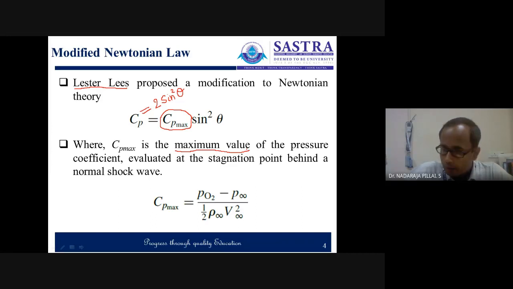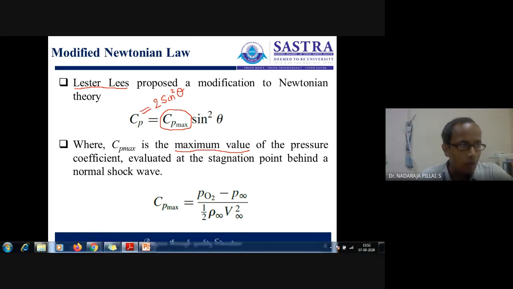So let us say the coefficient of pressure Cp max is considered. We can write (P naught 2 minus P infinity) divided by half rho infinity V infinity square. P naught 2 is the stagnation pressure behind the normal shock, and P infinity is the free stream pressure.